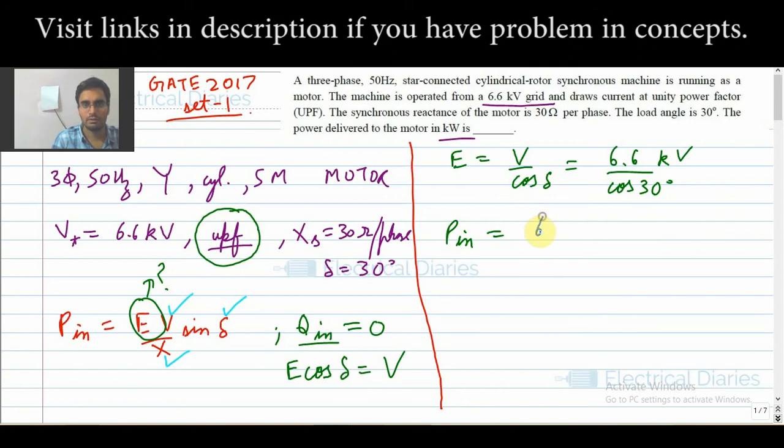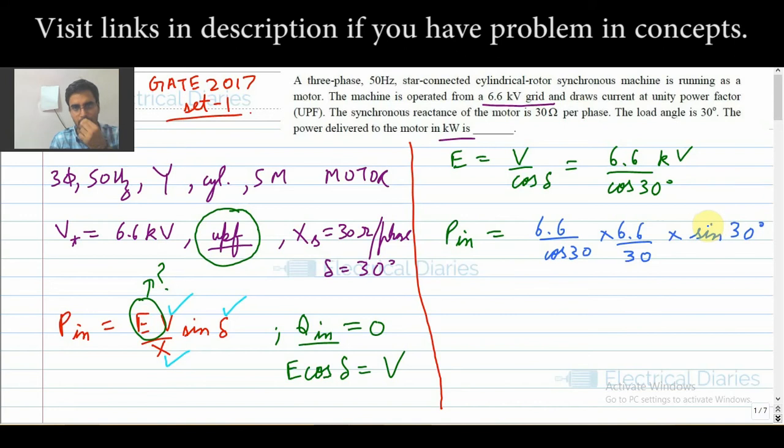E is 6.6 by cos 30, into V, which is 6.6, divided by X, that is 30, and it is sine delta, sine of 30 degrees.